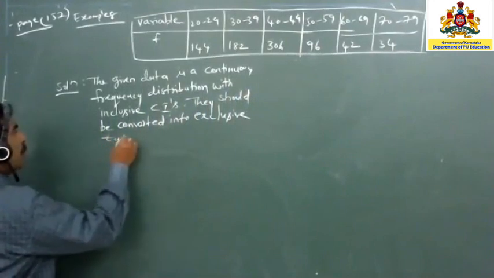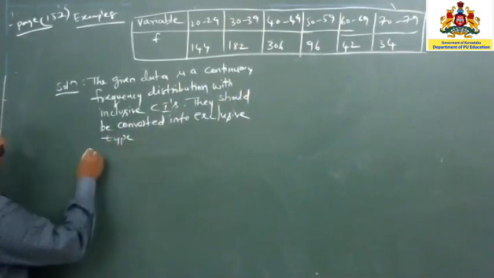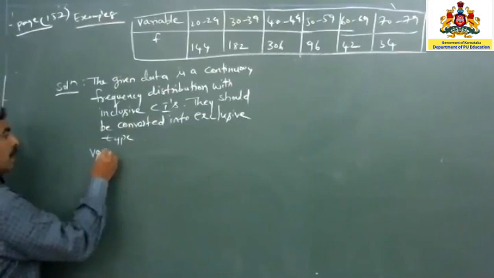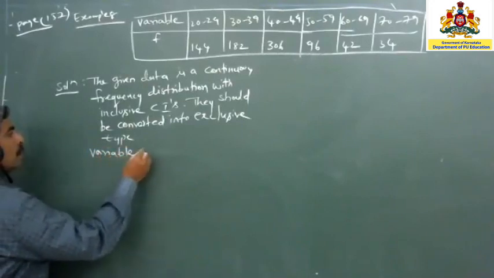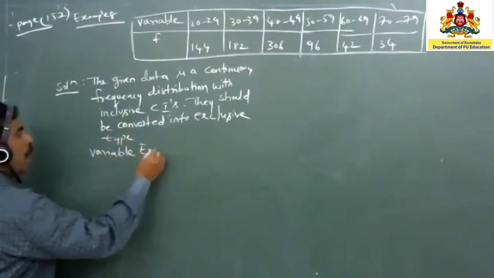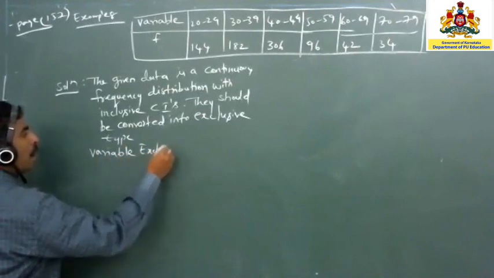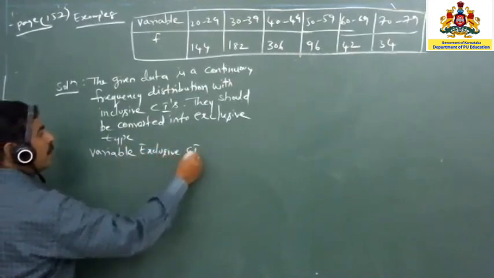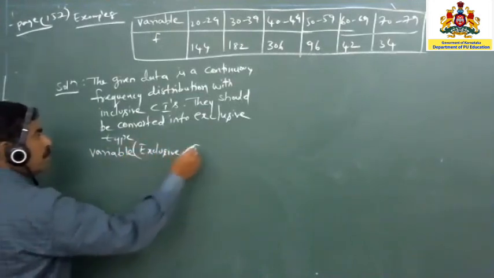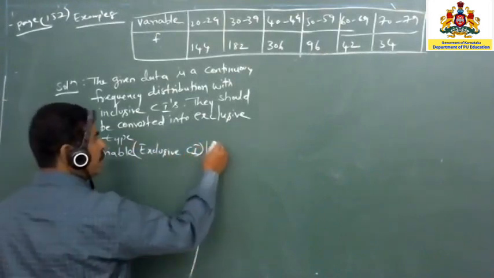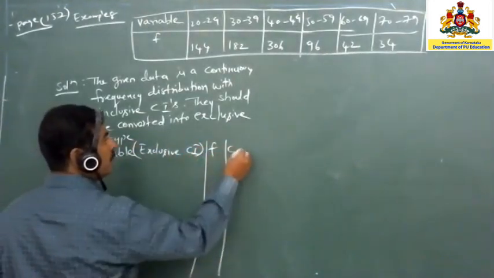So how to convert? Write the variable as exclusive class interval, then f and CF.